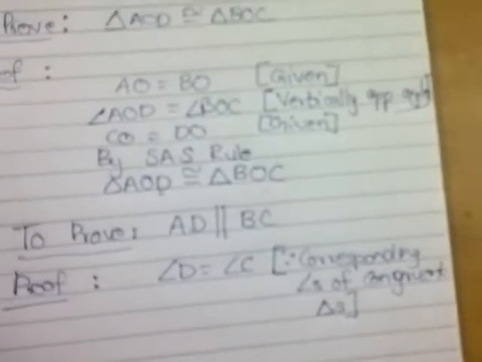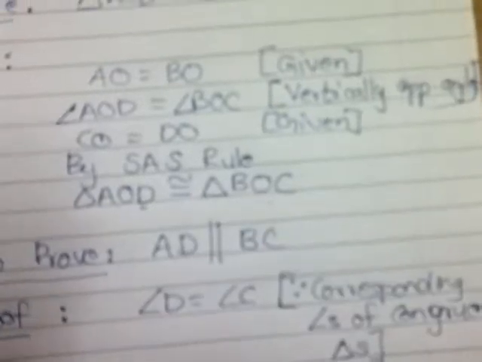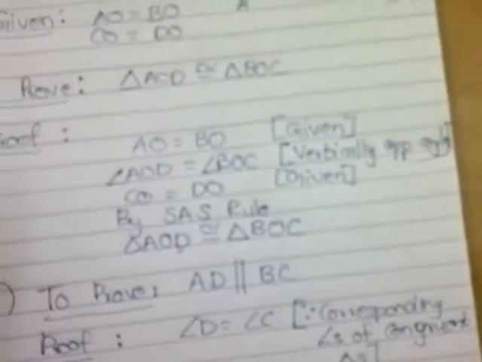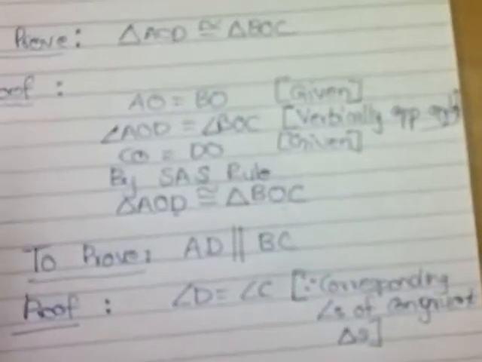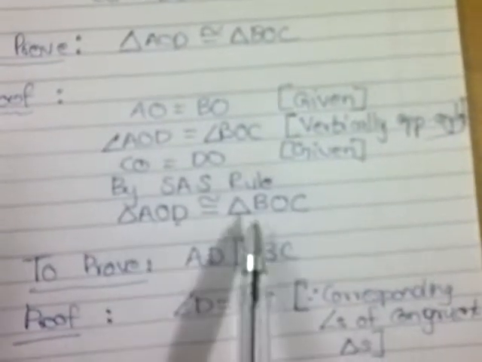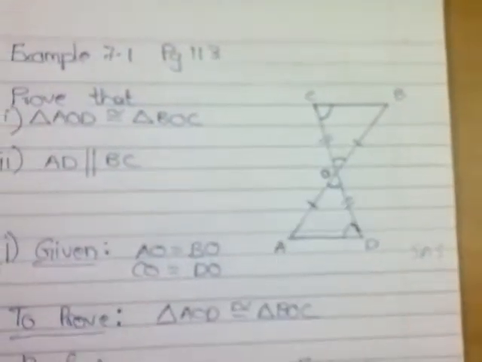Recall the property that if two triangles are congruent, all their three sides are equal, and all of the three corresponding angles are equal to each other. So in this case, angle A is equal to angle B, angle O is equal to angle O, angle D is equal to angle C.